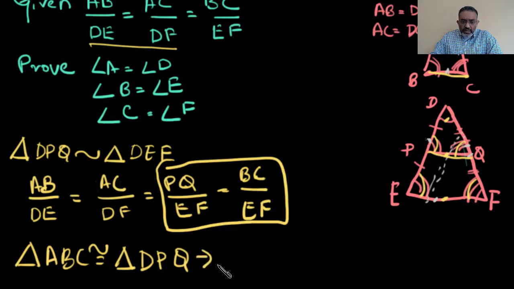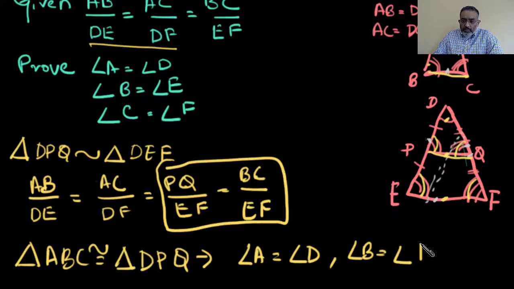Now we are just one step away from the proof. Let me show you. Angle A is equal to angle D because these two are from a congruent triangle, and angle B is equal to angle P, which is also equal to angle E. We had proved that these lines are parallel, and therefore these two angles are the same.